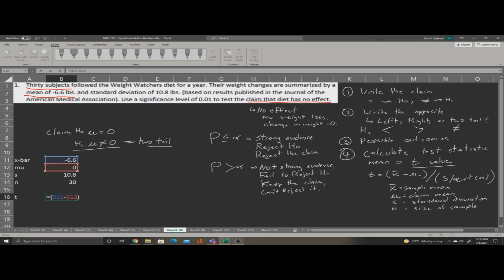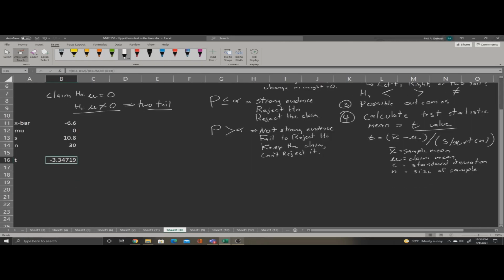Divide by a second set of parentheses. Now we'll take s divided by square root of n. Now, when you finish this test statistic formula, make sure you close the parentheses twice at the end. We get a test statistic of negative 3.34719.